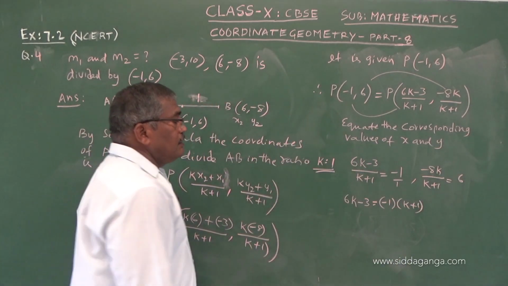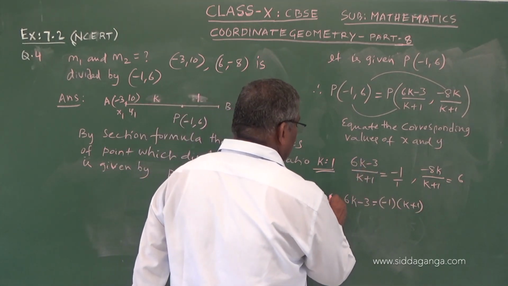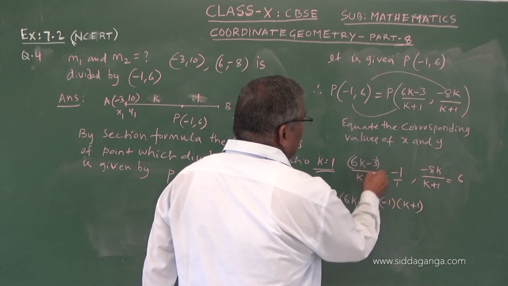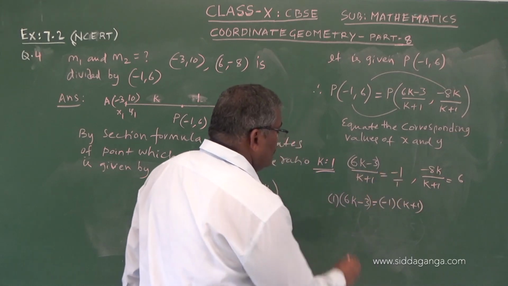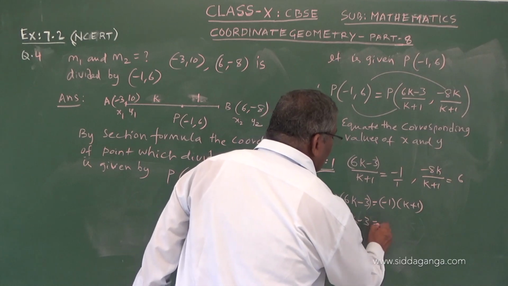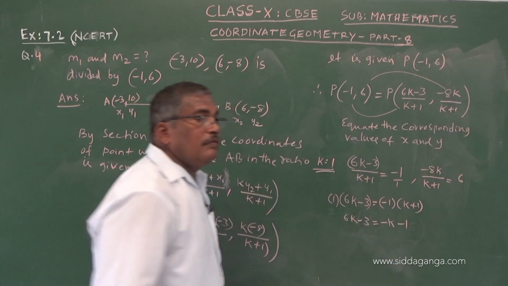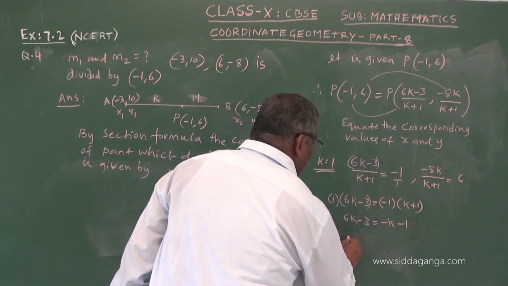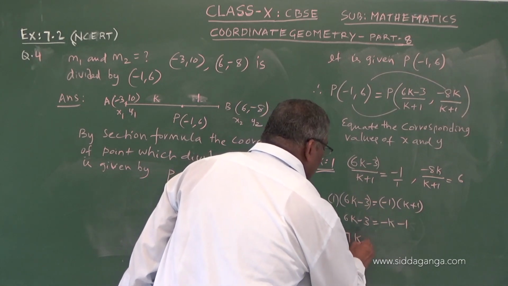You simplify this, 1 into this, 1 into this, cross multiplied, and k plus 1 into -1. 6k minus 3 equals minus k minus 1, minus into -1. So 6k plus 1k, if you take left side, it becomes 7k.